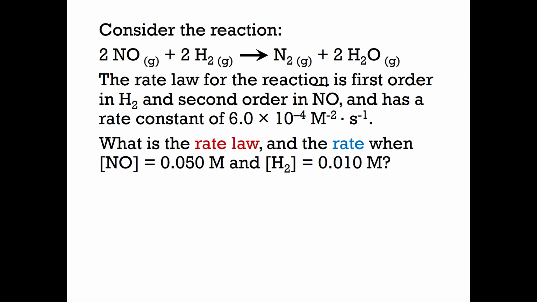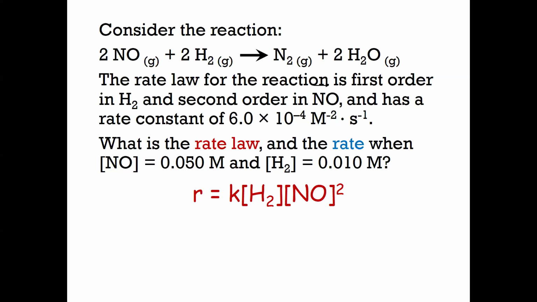Okay, and so let's go ahead and talk about it. So we need the rate law. We're given information about the reaction. It is first order in H2 and second order in NO. The orders are the exponents for the reactants in the rate law. So that means that our rate law is as depicted, R equals K times H2 times NO squared.